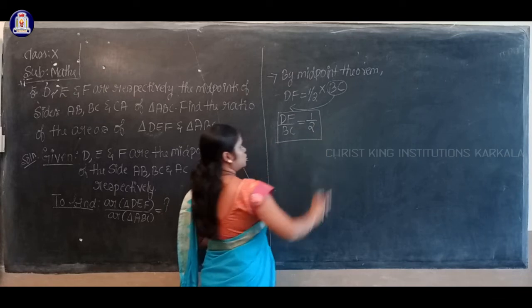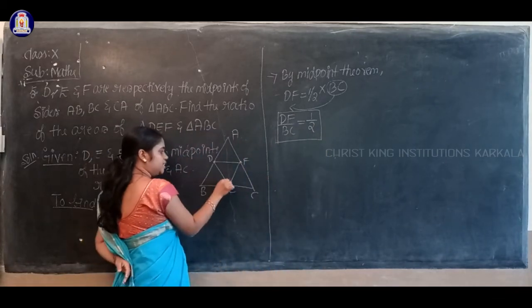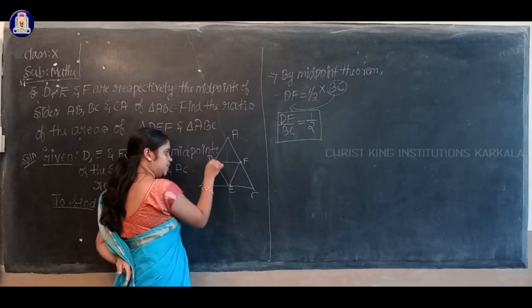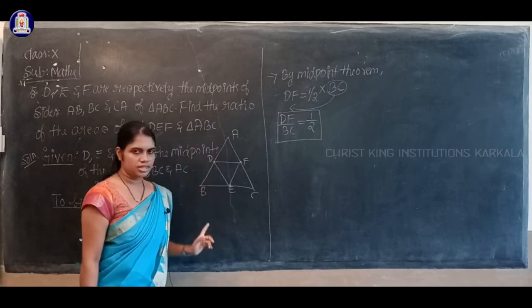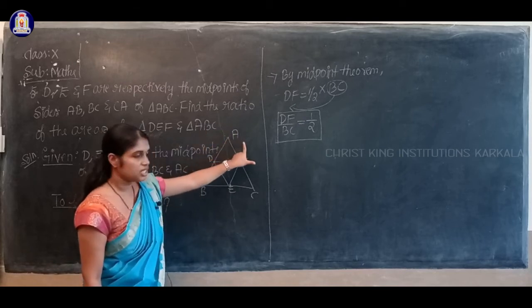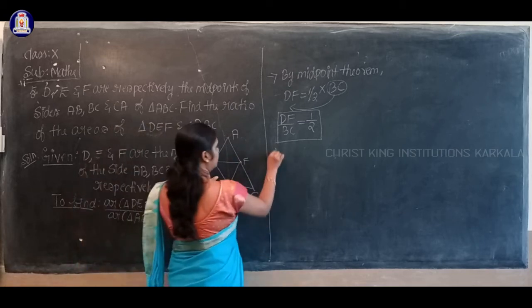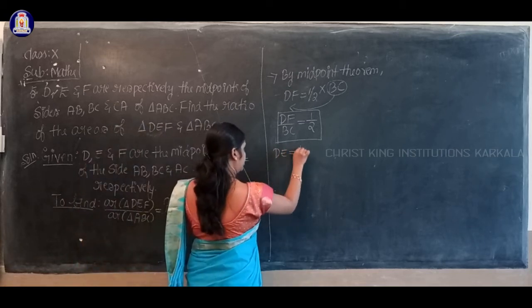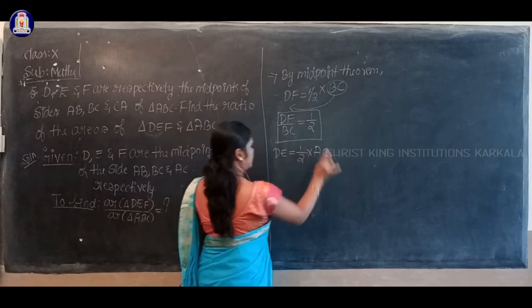Now once again, the side DE joins the midpoints of the two sides AB and BC. So the side DE will be parallel to the side AC. Also the length of DE will be half of the length of AC, isn't it?